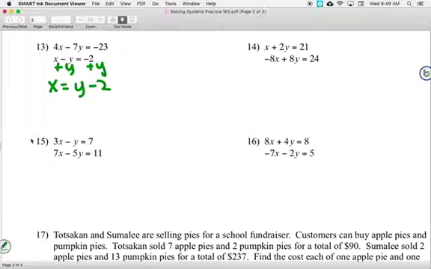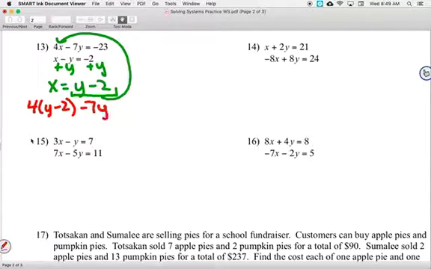Now, we're going to take this y minus 2 and plug it in place of x in my top equation. This is what substitution means. We're taking out one thing and replacing it with what it's equal to. So now, when I write this out, I have 4 times y minus 2 minus 7y equals negative 23.